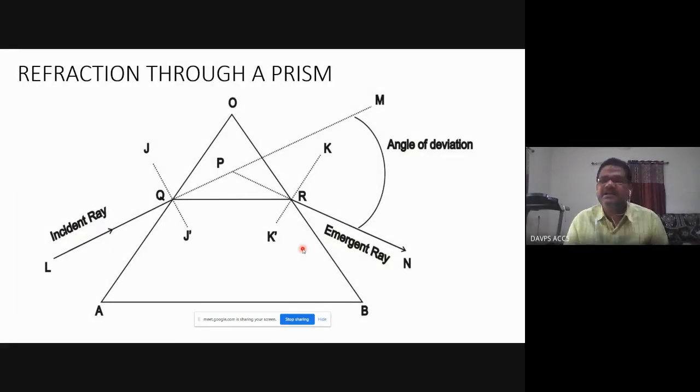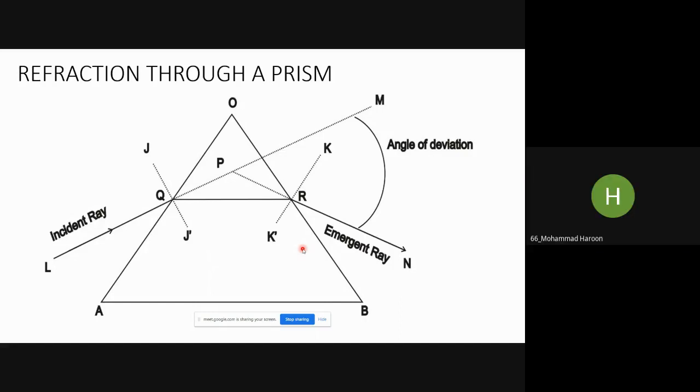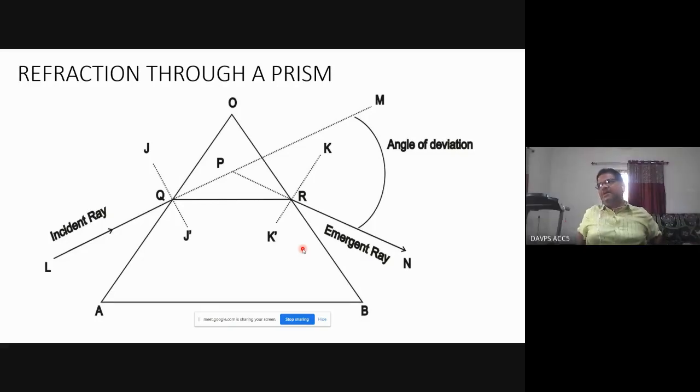Next, let us discuss refraction through a prism. Sir, how did that formula come when the distance is there? That is not part of your derivation. That is not coming in the examination, and that will be coming if you are sitting for a competitive examination.